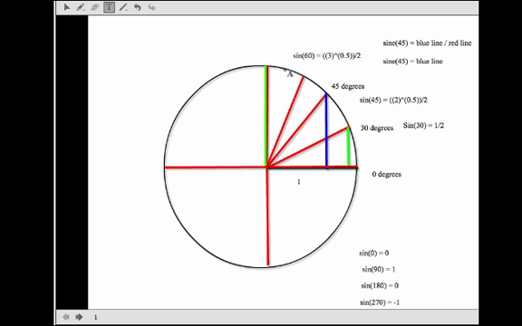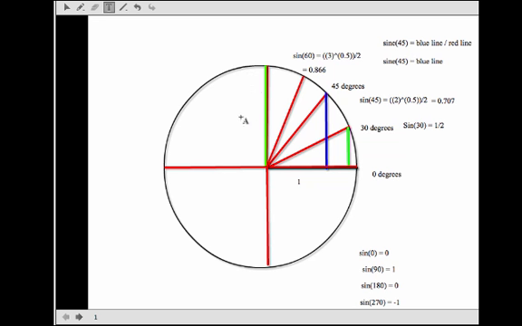So sine 45 is approximately 0.707, but 0.7 would probably be totally fine on test day, 0.7 or 0.71. And you should also know a decimal for the square root of 3 over 2. That's approximately 0.866. But 0.85 or something similar would probably be perfectly fine on test day.